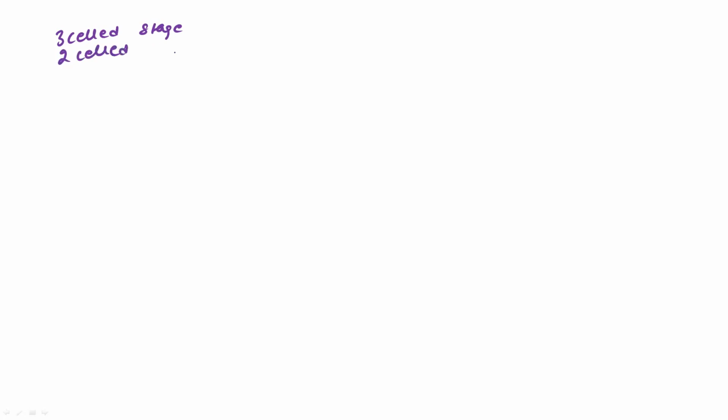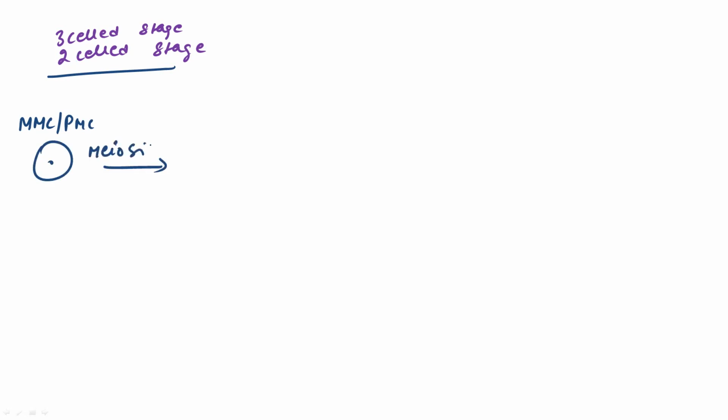Just look at it. See, when we talk about the two-celled or three-celled stage, before going to this, just look here. Microspore mother cell, or the pollen mother cell, right? This went for the meiosis, and now you have what? Microspore tetrad. Then I just took any one.